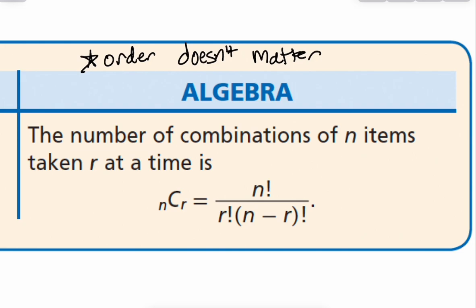Look at what's happening here. Do you notice this is the original formula? What are you doing? You're dividing off by that r factorial. Why? That's dividing off where the repeats are. That's dividing off that ABC is the same as BAC. Order doesn't matter, so ABC and BAC are the same thing.